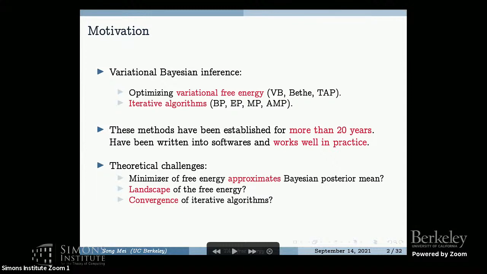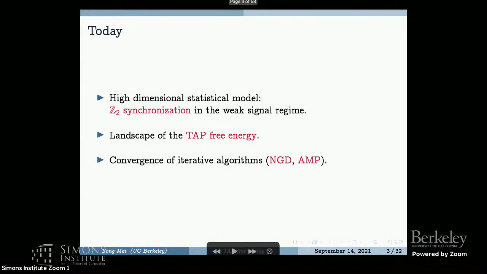The theoretical challenges are: can we show that the minimizer of the free energy really approximates the Bayes posterior mean? Is the landscape of the free energy very good, and do iterative algorithms converge? In this talk, I would like to talk about a specific high-dimensional statistical model, which is Z2 synchronization in the weak signal regime.